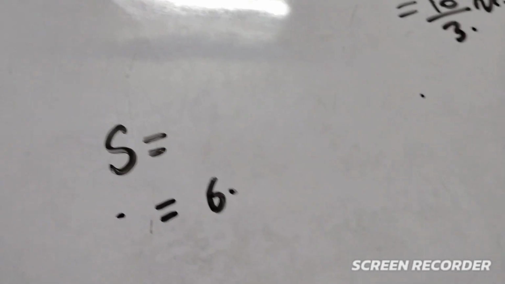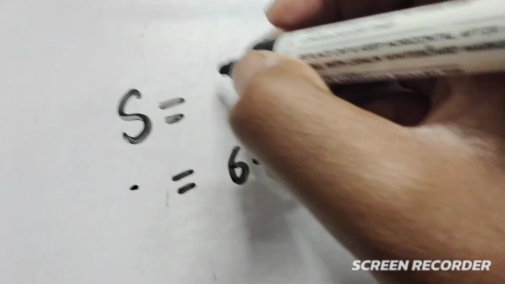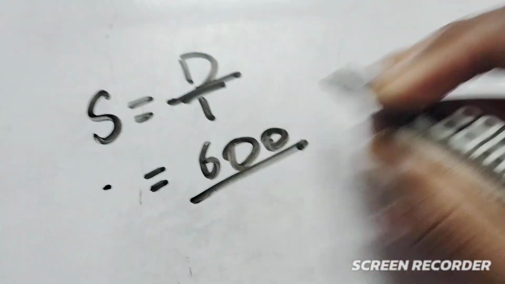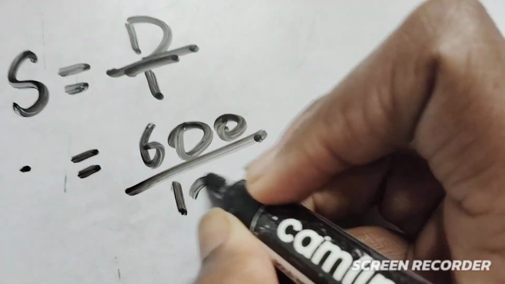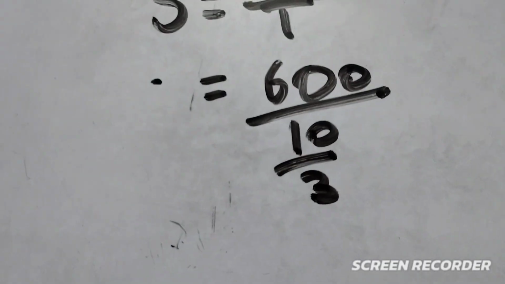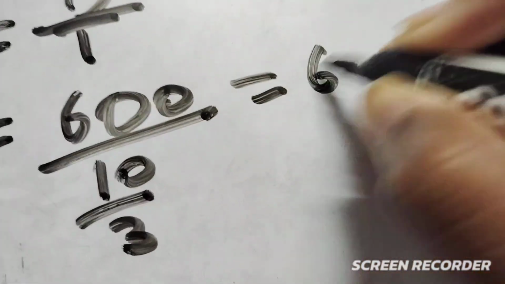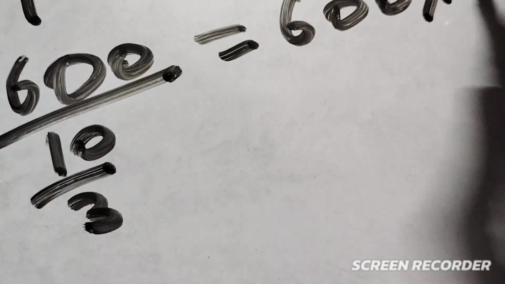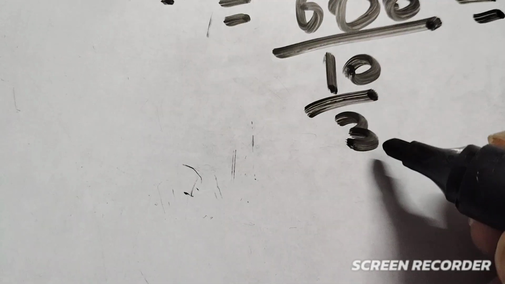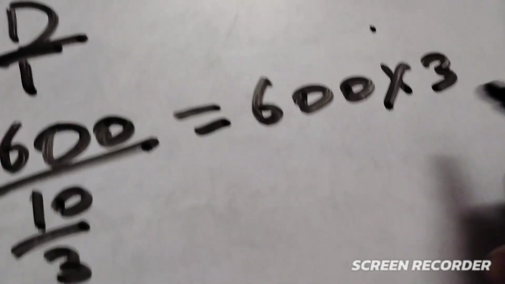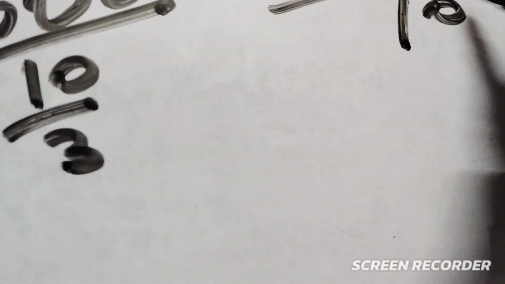Yes, distance upon time. So the distance is 600 and the time is 10 upon 3. We will write this as this. To solve this, we will multiply 600 into 3, because this is upon this, and then divide by 10.